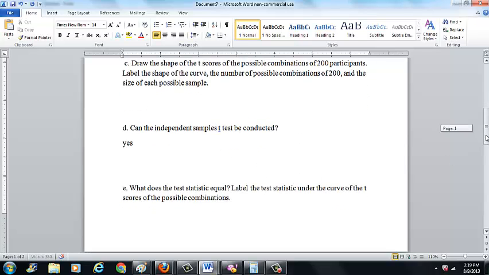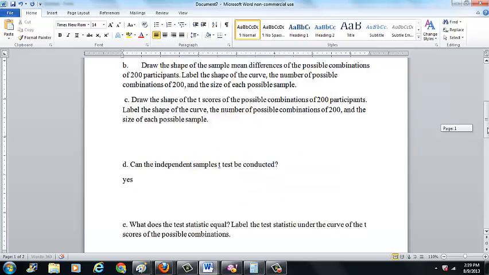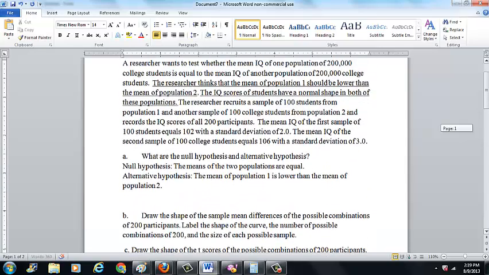What does the test statistic equal? We have to calculate it with all of these numbers. You have to subtract the two sample means on top, which will be 102 minus 106, because the mean of the first sample is 102, and the mean of the second sample is 106.